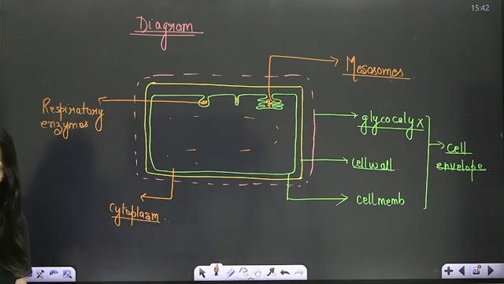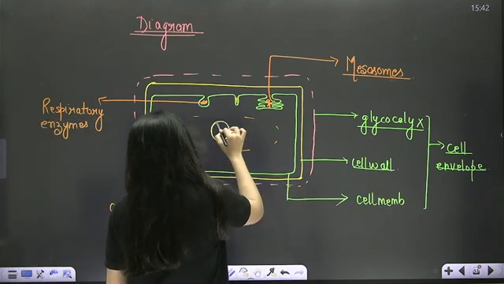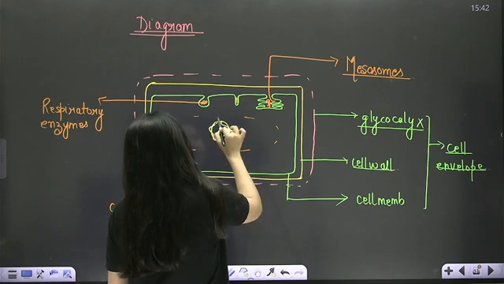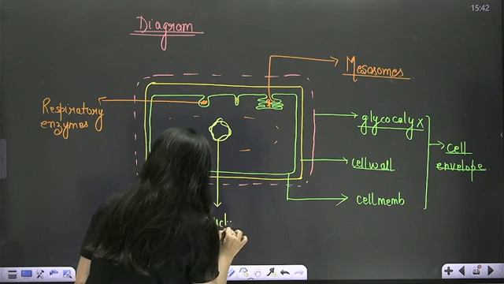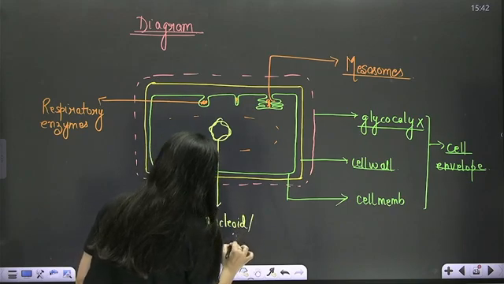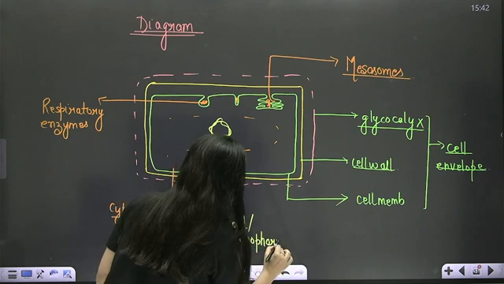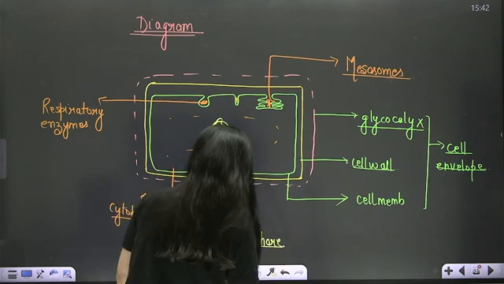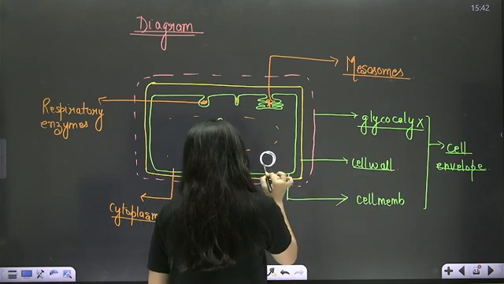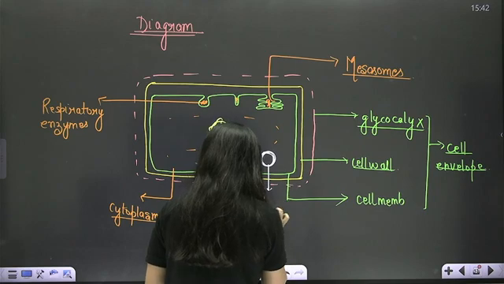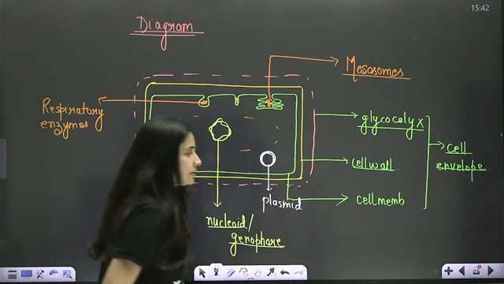Now, the fluid which is present inside this envelope is known as cytoplasm, correct? Which encloses the double-stranded single circular DNA that is called nucleoid or genophore. Apart from this, they also have extra genetic material, I told you yesterday, by the name plasmid. Right?